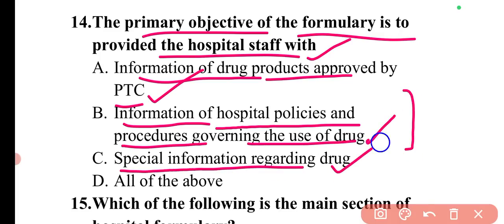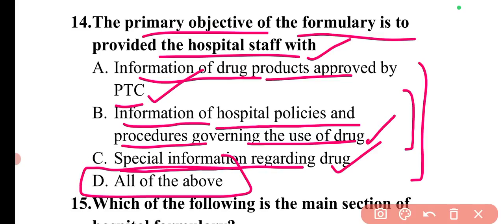Then special information regarding the drugs also needs to be provided to the hospital staff. So these are the different primary objectives of hospital formulary. So here option D, all of the above will be the correct answer.